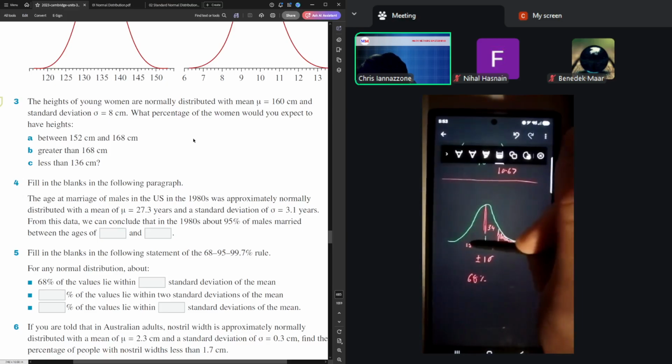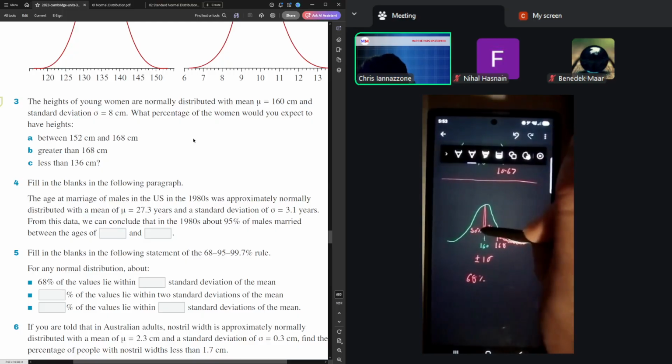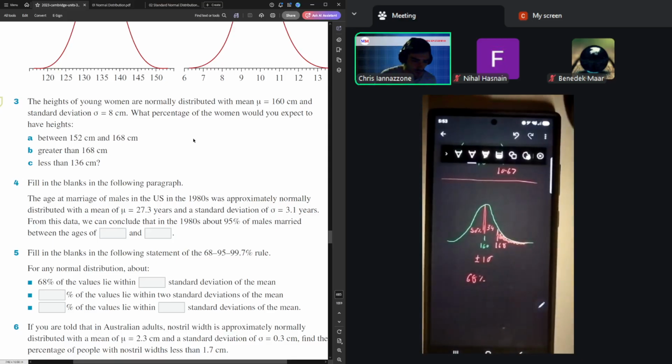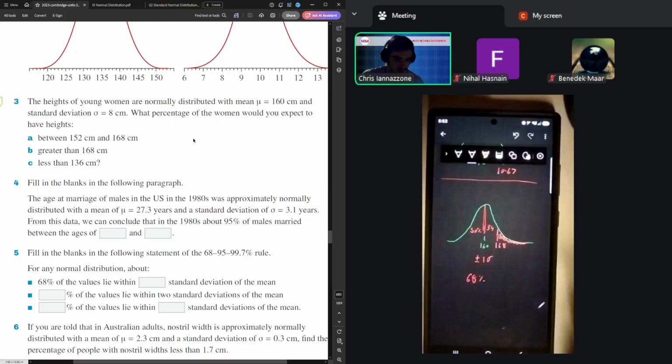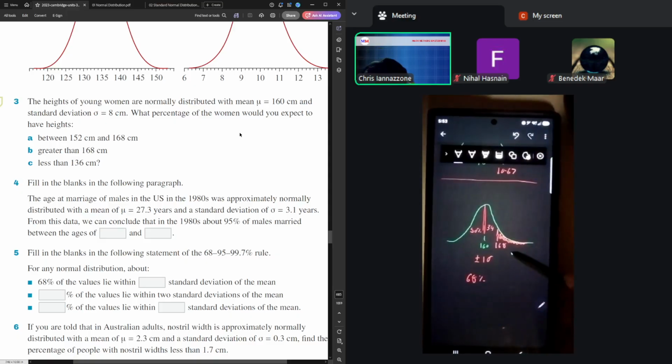That accounts for a total of 50% plus the 34%. And then subtracting from 1 to get the remaining bit here. We've done exactly this before, just with different numbers, different standard deviations, different means. This one's going to come out to be 16%.